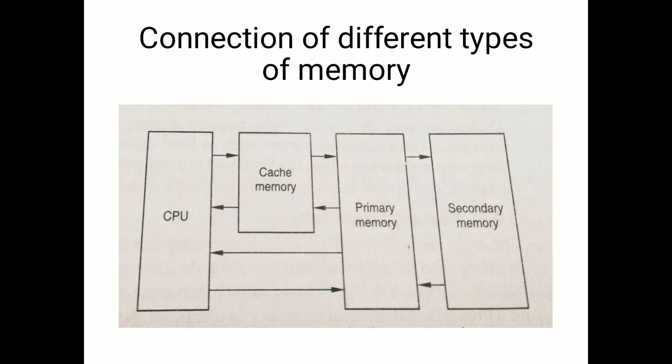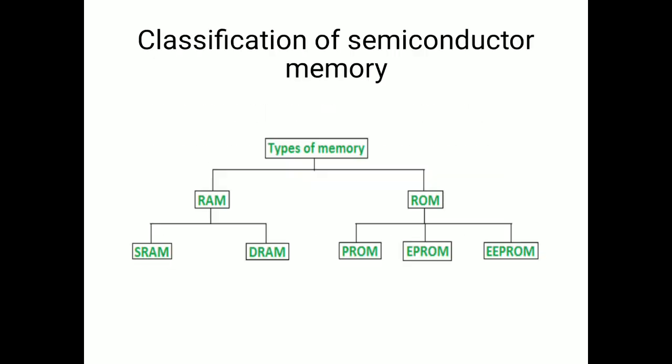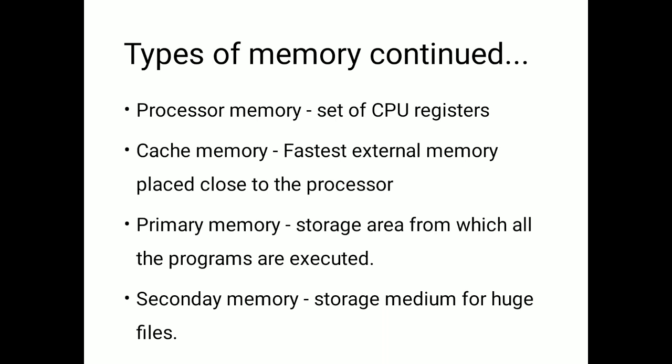The memory which stores information permanently is called secondary or auxiliary memory. Example, magnetic disk, optical disk, etc. Secondary memory refers to the storage medium for huge files such as programs, source codes, compilers, operating systems, etc. These are not accessed directly or very frequently by the microprocessor in a computer system.